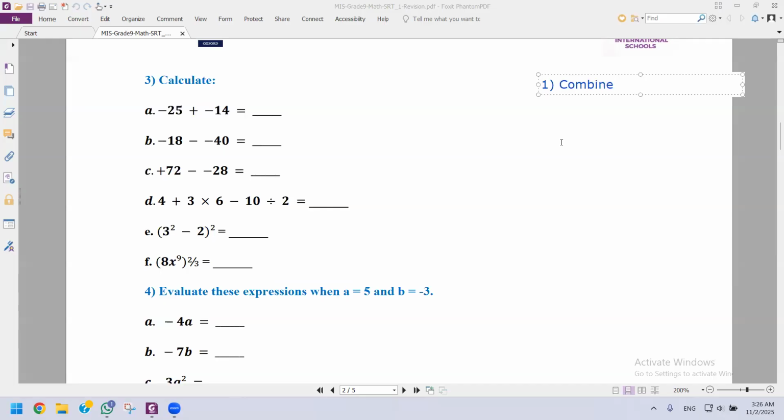Combine. Then, step number 2, what do I do? I compare. I compare the signs. Okay, let's say I compare them. So what should I do? If they are similar, what should I do? Add the numbers.